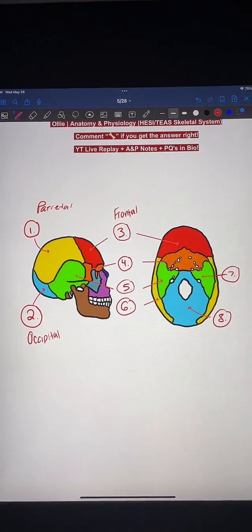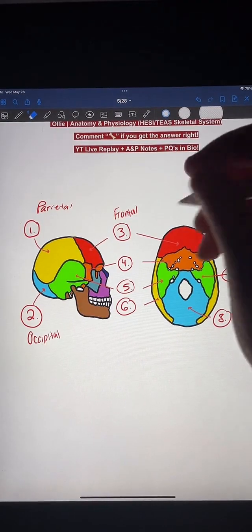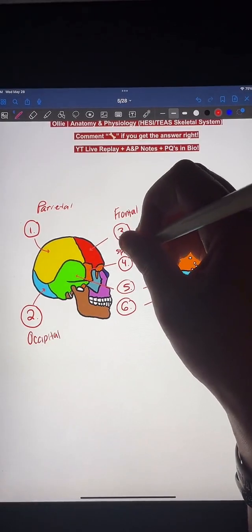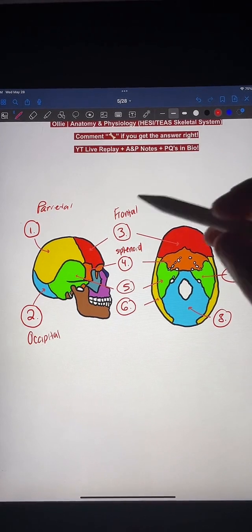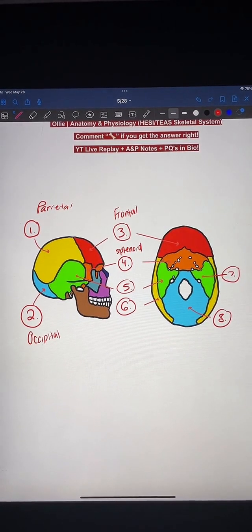How about number 4? Let's move on to number 4. Number 4 is the sphenoid. Number 5. Can we get number 5? Number 5 is referring to the sides of the skull.